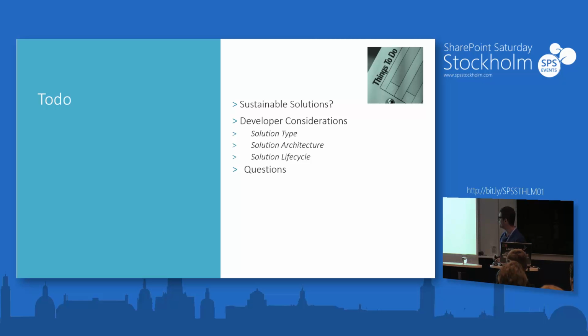I divided those into 3 different areas: solution type, which basically covers the 3 solution types we know: full trust, sandbox, app. They're still around, those first 2. Then to move on to solution architecture, where we'll cover some of the current trends in SharePoint solution architecture design. And I'd like to finish up with a little touch on a subject called solution lifecycle.